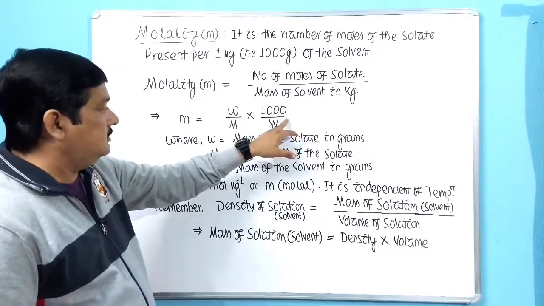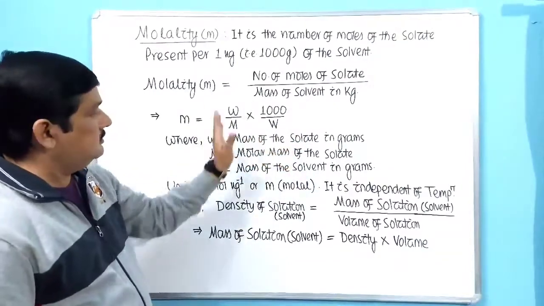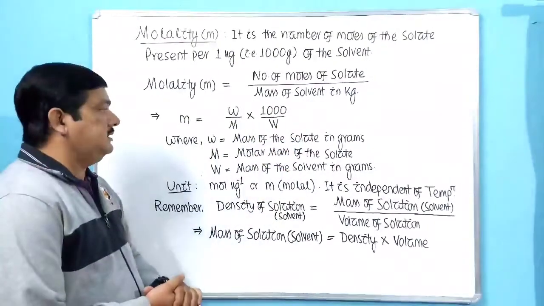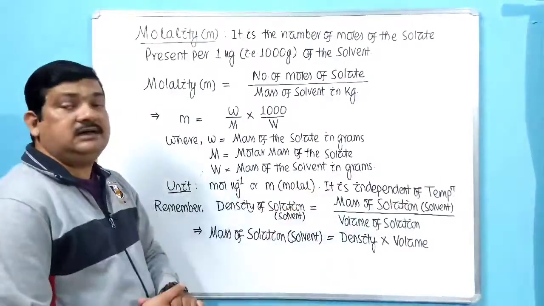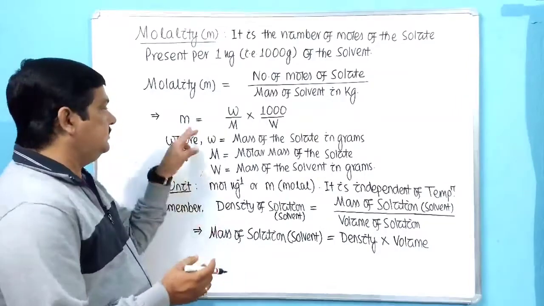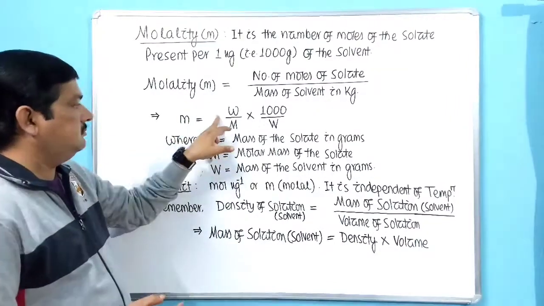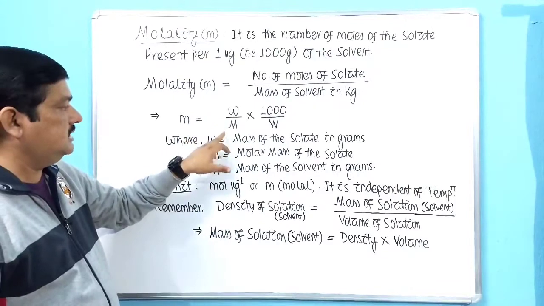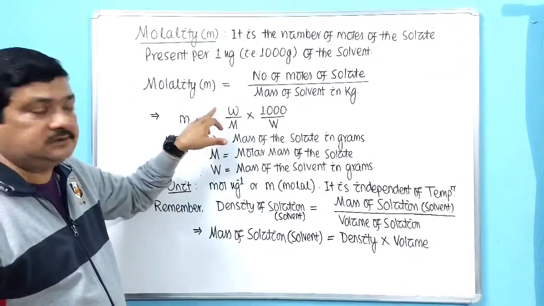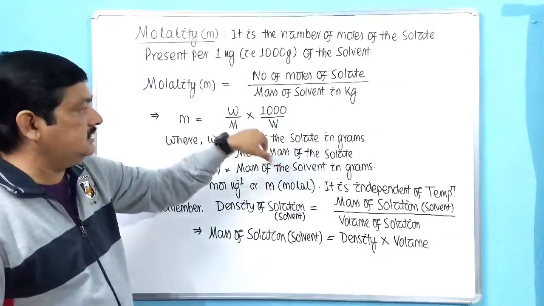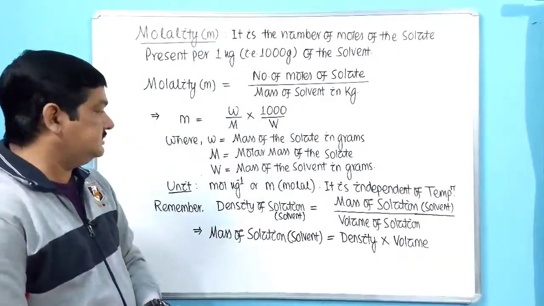By dividing W by 1000. So it will finally be w by M into 1000 by W, where capital W is the mass of the solvent in grams. Simply you have to remember, w by M gives you the number of moles of the solute, and this one gives you the kg of solvent.